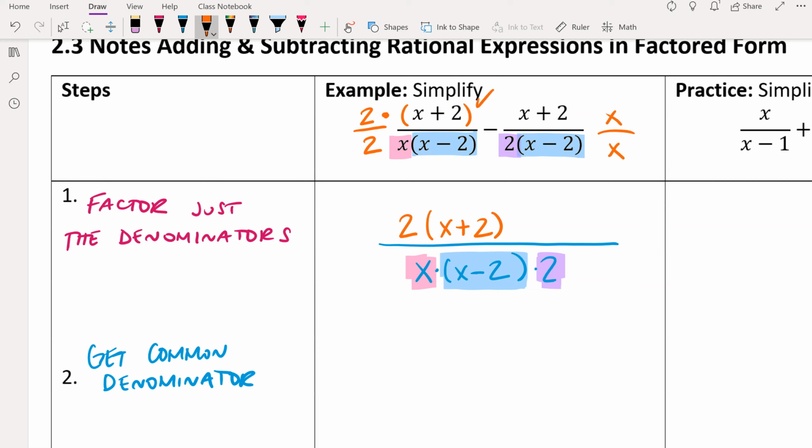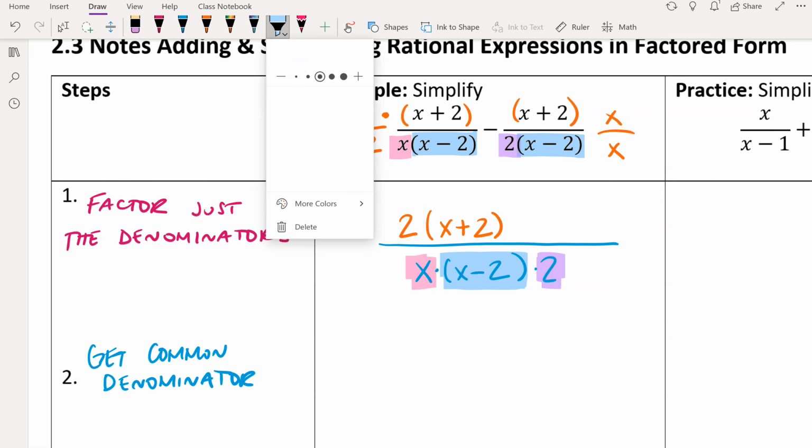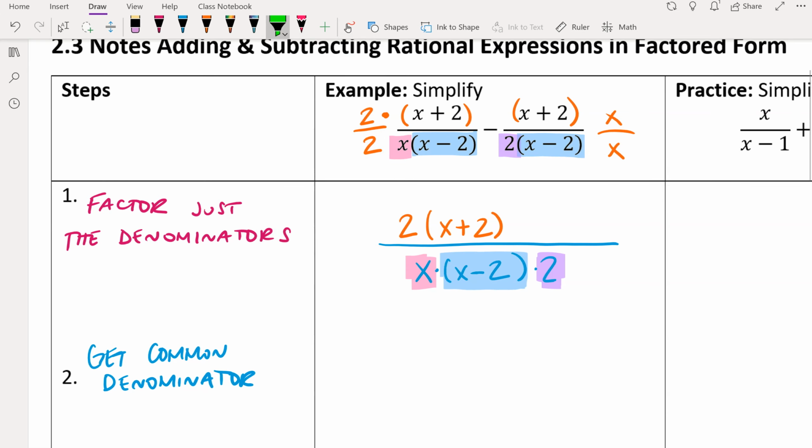Just remember though, the factors on top, you need to add parentheses around. All right, don't forget to copy our minus sign. That needs to get copied down into our numerator, so minus. And then we're going to put this x that we're multiplying on top in this numerator out in front, because normally you multiply out in front, right? So we're going to do x parentheses x plus 2.